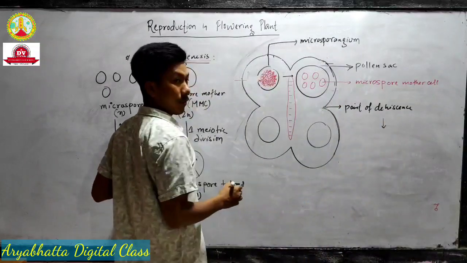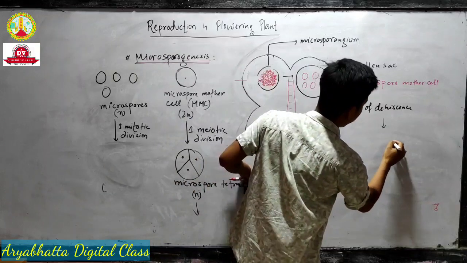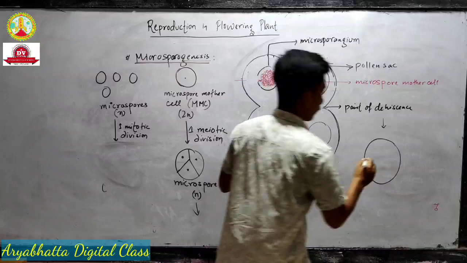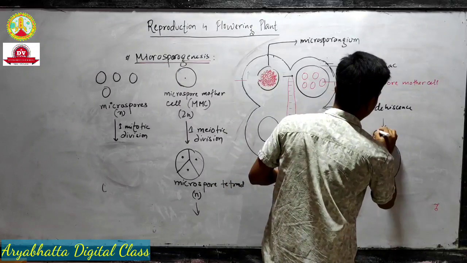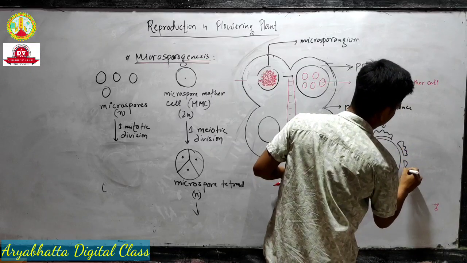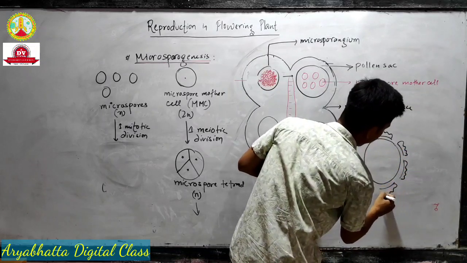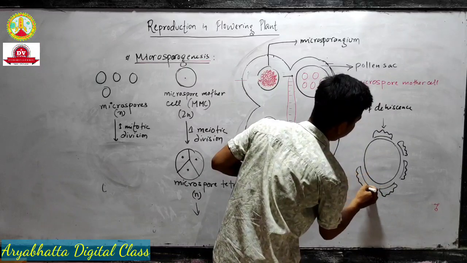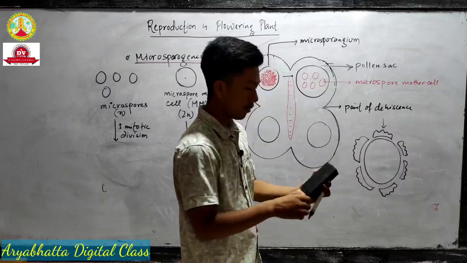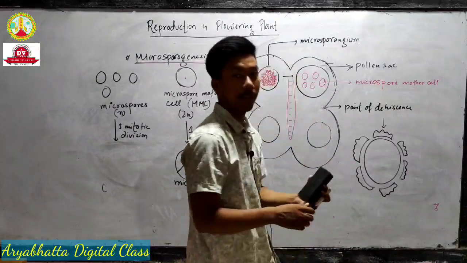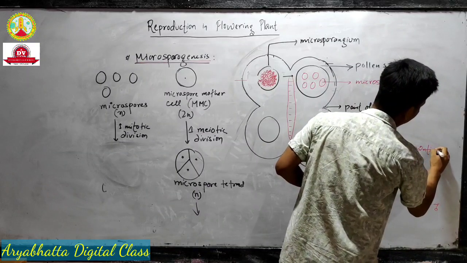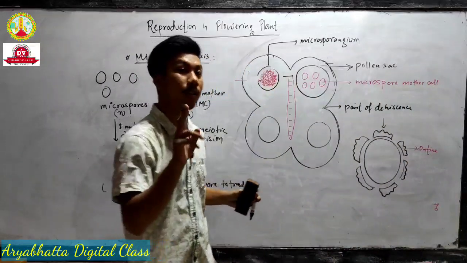So after one mitotic division, it will produce pollen grains. The pollen grain has two layers, the outer layer and the inner layer. The inner layer is known as intine, I-N-T-I-N-E. In means inside, intine.